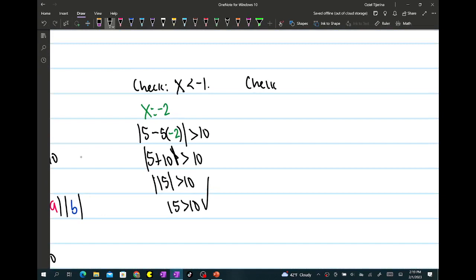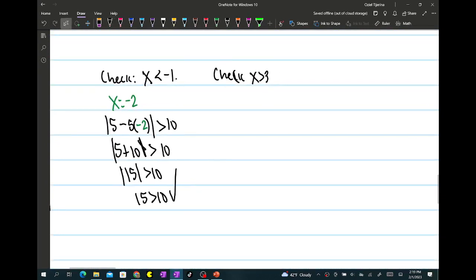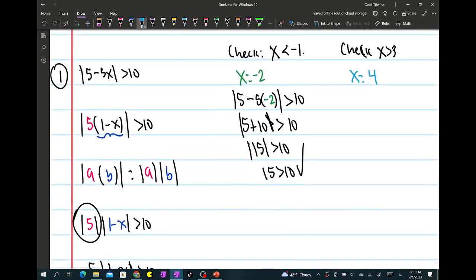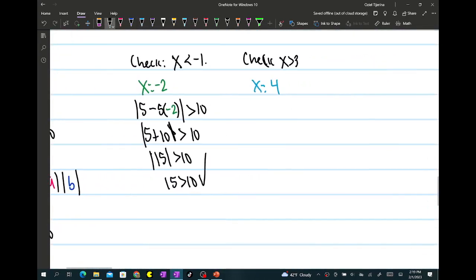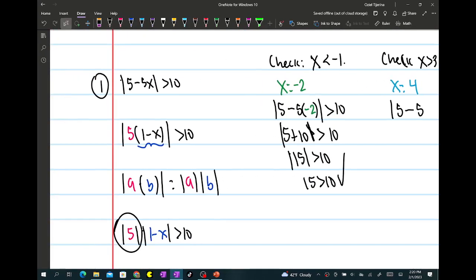So check x is greater than 3. I'm going to pick a number, say x is equal to 4, and do the same thing that I did. So I'm going to write my absolute value inequality: the absolute value of 5 minus 5x is greater than 10.